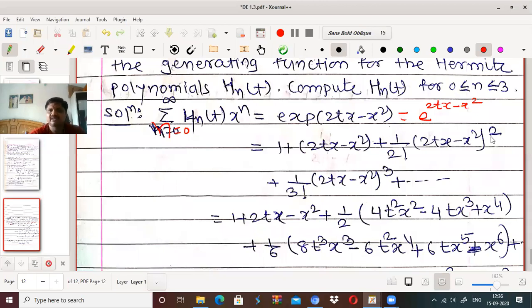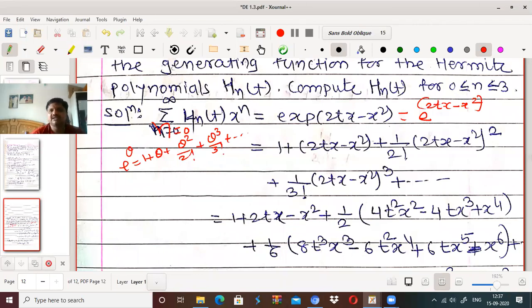What do we use here? If in place of this e to the power 2tx minus x square we have e to the power theta, how can you write e to the power theta? 1 plus theta, theta square by 2 factorial plus theta cube by 3 factorial and so on. ये जो है आपका expansion of e to the power theta है, power series expansion.